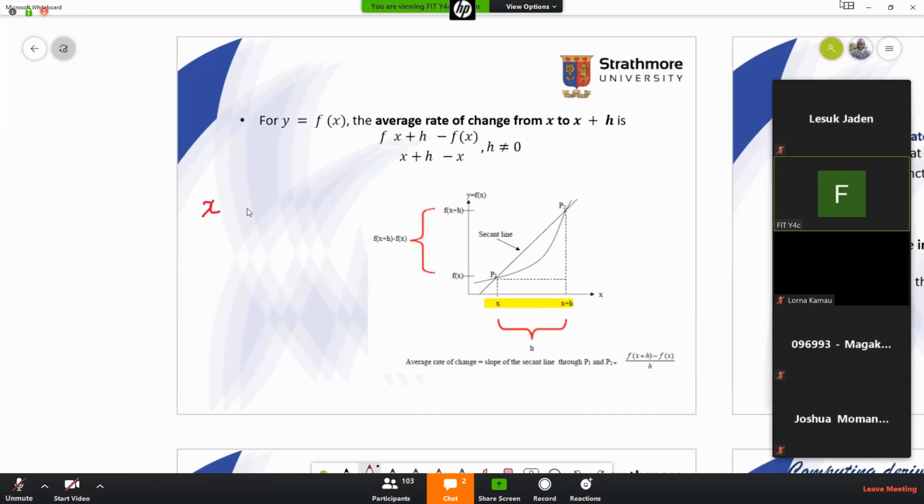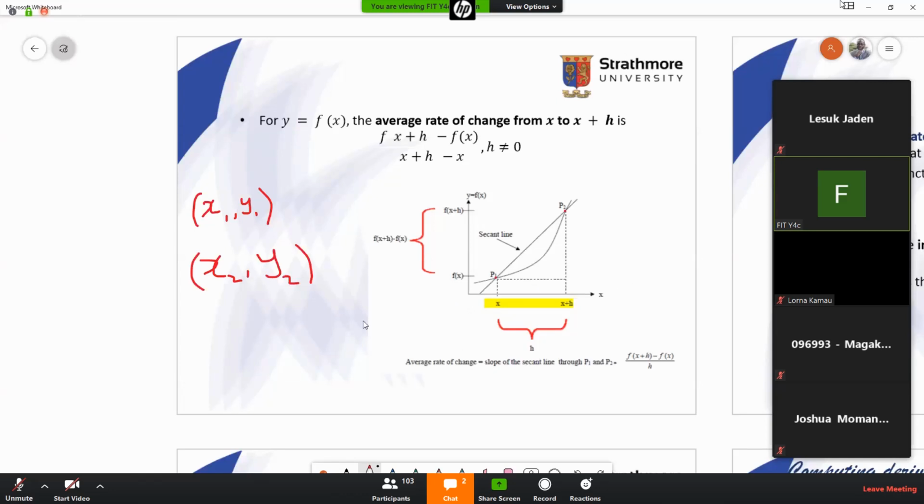If I have coordinates x1 and y1 for the first point, let's say that is for P1, and then I have x2 and y2, let's say that is for P2.